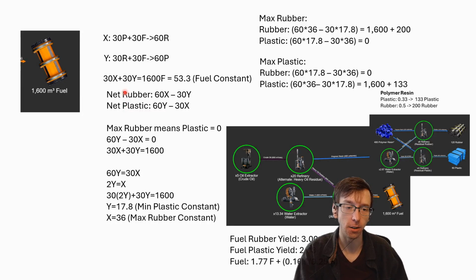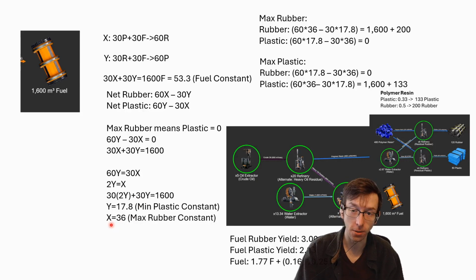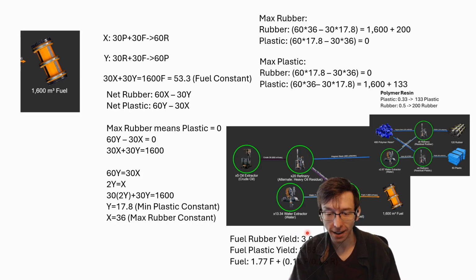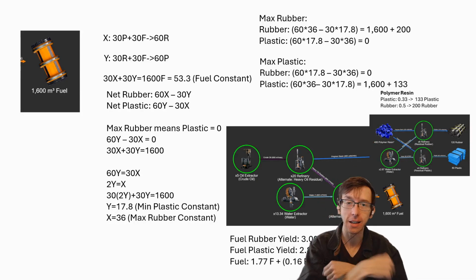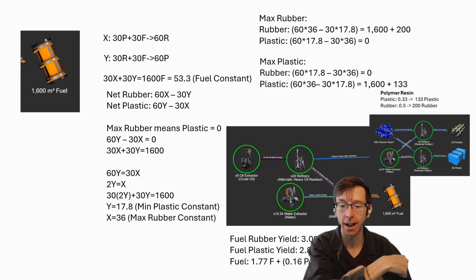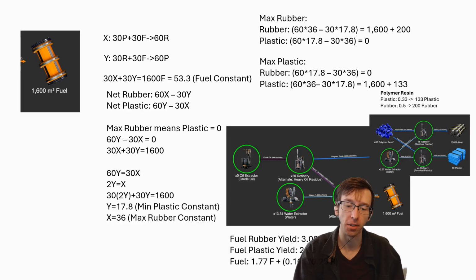So you set your rubber yield to 0, you solve all your equations, and you get 36 units running rubber and 18 units running plastic. You do that all the way through the entire thing, because eventually you aren't using the polymer resin. The only thing you're doing is recycling the other one. So the cost becomes half the cost of the half the cost of the half the cost, and the yield is 300%.